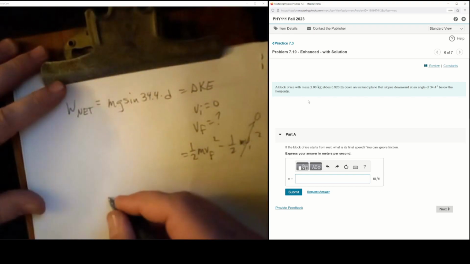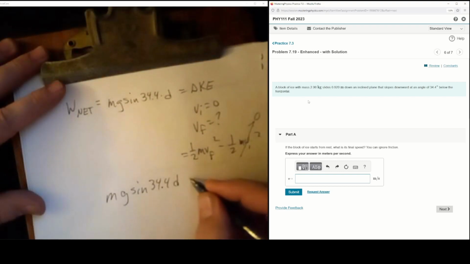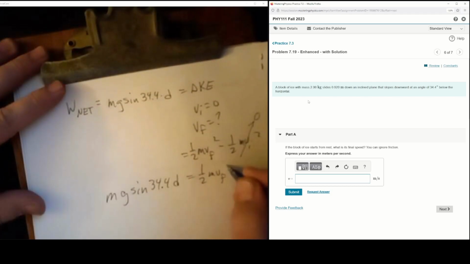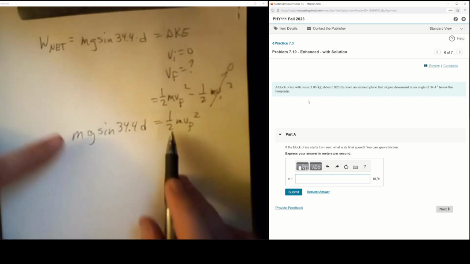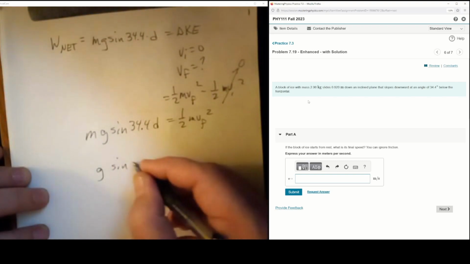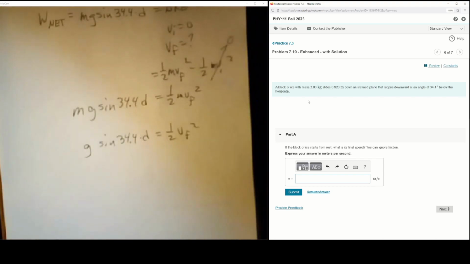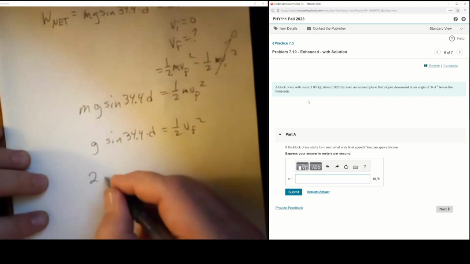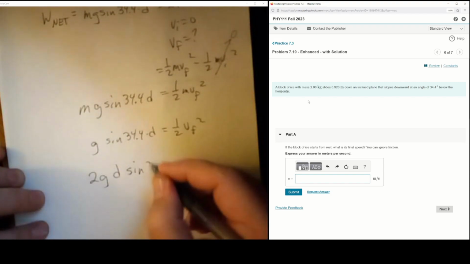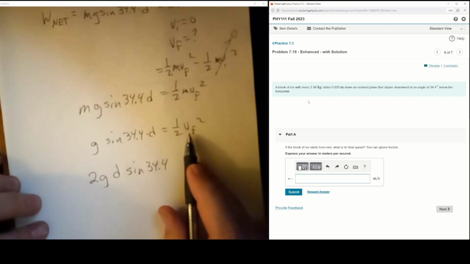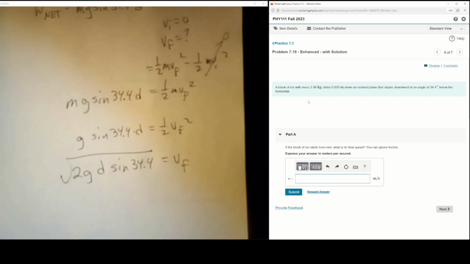So we have this final equation on the left side and then the right side. And if we look, the masses will divide out. Multiply both sides by 2. And I'm going to bring this d over because it looks a little weird sitting after the sine. And then to get to v final squared, we have to take the square root. And there is v final.